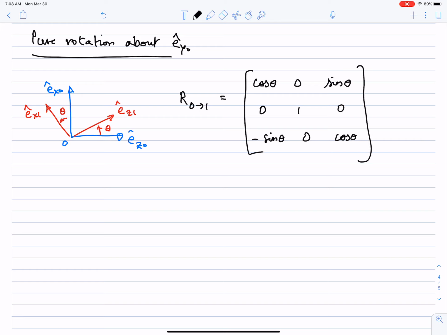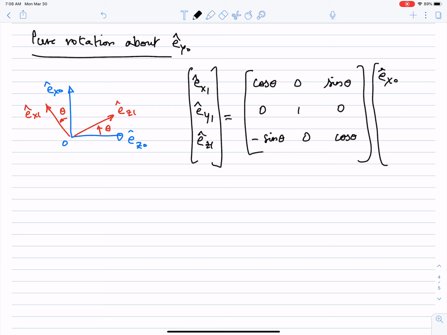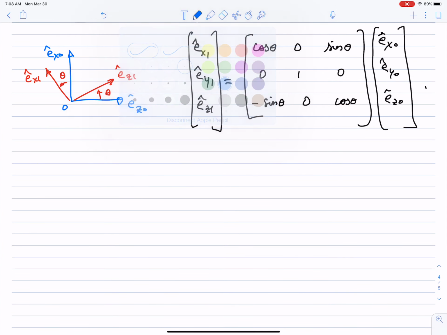Okay, so what do we mean by that? We just basically mean that if you go Ex1, Ey1, Ez1, that's going to be equal to this matrix times Ex naught, Ey naught, Ez naught. Okay, and that's what we're going to call R0 to 1 for this picture.